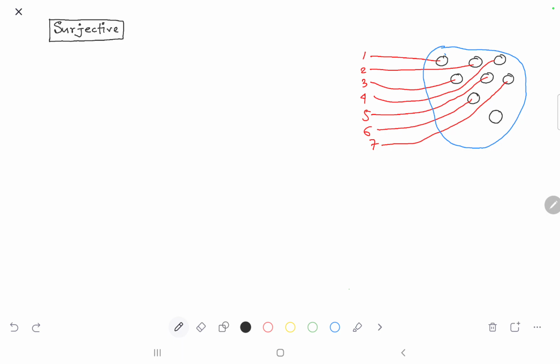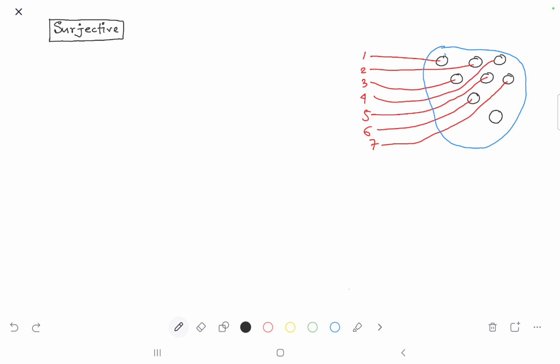In the counting process you are writing one, two, three, four, but in mathematics they will give you a formula f(x) equal to some expression, and then they ask: does this formula hit all the points of the second set? If it hits all the points of the second set, you say it is surjective. If there is at least one mistake, I mean you have no pre-image for one element from the second set inside the first set, then you say it is not surjective.